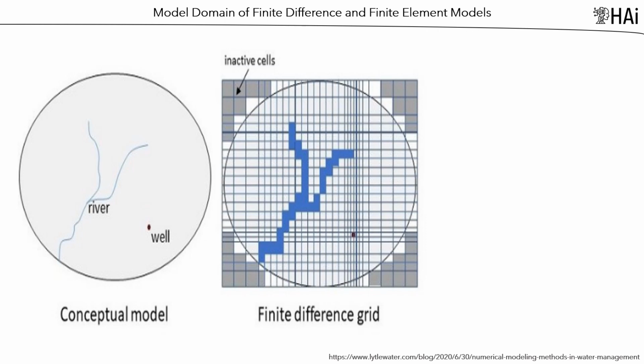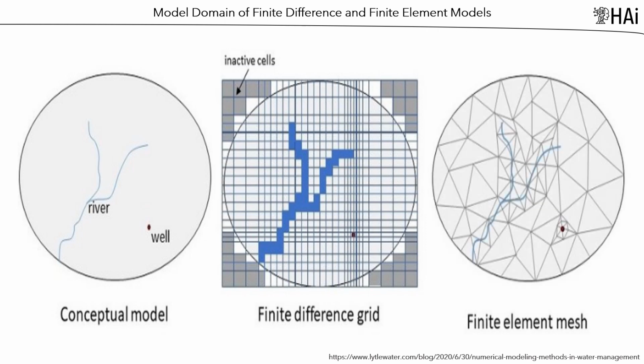However, these areas outside the principal area of interest in the model must be assigned as inactive cells to eliminate unnecessary cells. The same figure depicts a mesh refinement for the same river and well to make a simulation using a FEM model. FEM models formulate the partial differential equation for each node, and the results are then put together into one solution that is reasonable for the entire domain.